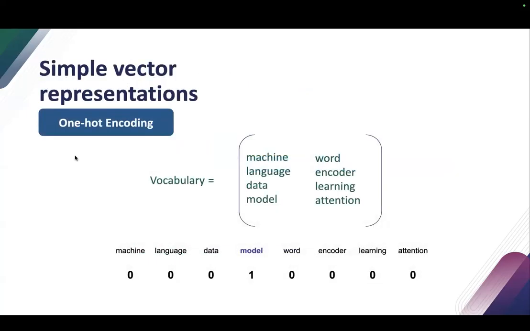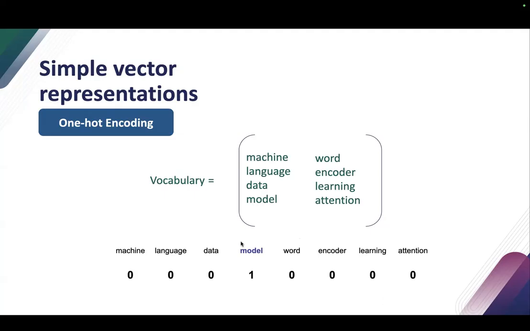One-hot encoding is this idea where you have a vocabulary, say a very small vocabulary. We have 8 words: machine, language, data, model, word, encoder, learning, and attention. With one-hot encoding, you would have a vector that is as long as your vocabulary, and every word would be represented by one vector, containing only zeros, except in one spot, and that would be the spot of your word.